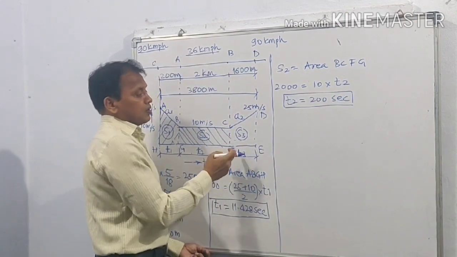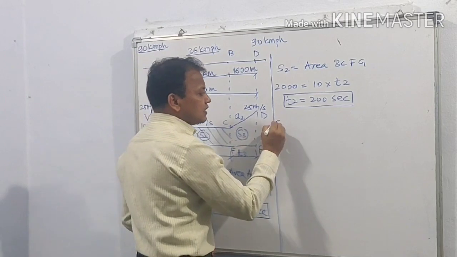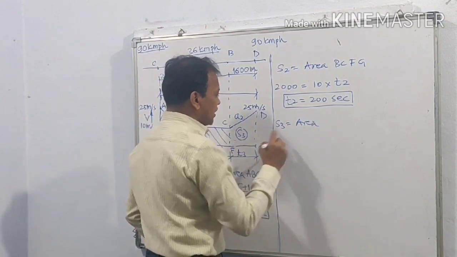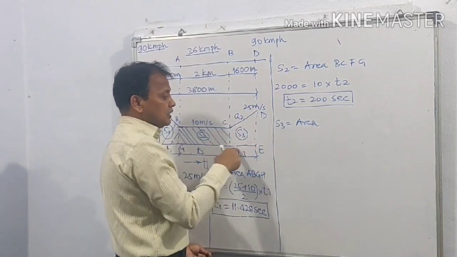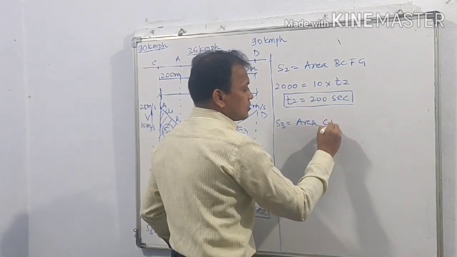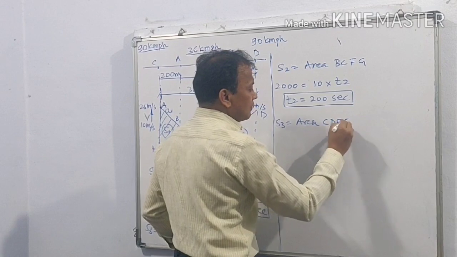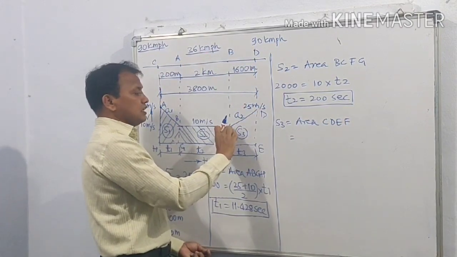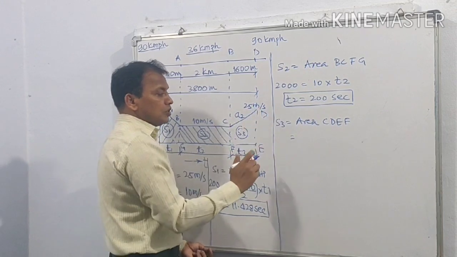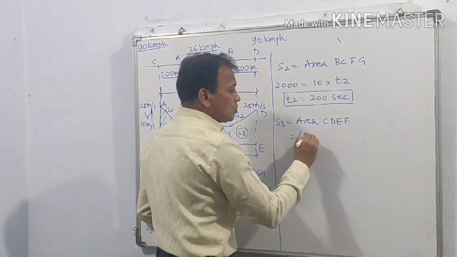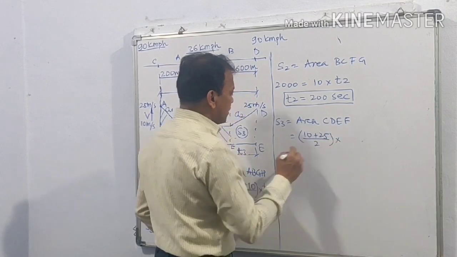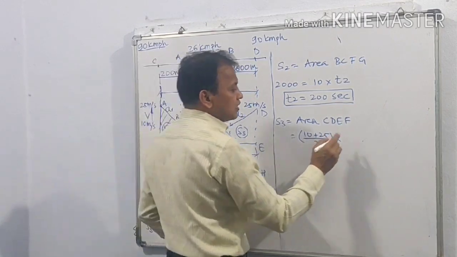T3, again area under graph. Therefore S3 is equal to area of trapezoid CDEF. Sum of parallel sides. This is 10. This is 25. Therefore 10 plus 25 divided by 2 into perpendicular distance, that is T3.